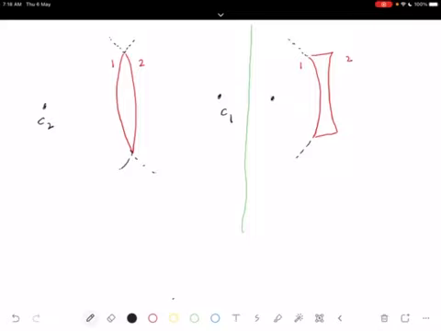It is on the left side, so I am marking it as C1. And for the second surface, a curve like this, the center of curvature of the second surface is lying on the right side, C2. See the locations. These locations are important for you. C stands for center of curvature, C1 for the first surface and C2 for the second surface.